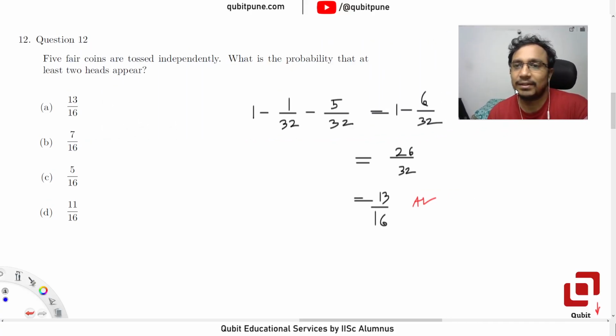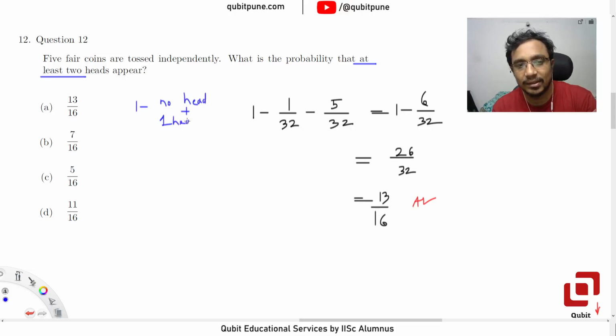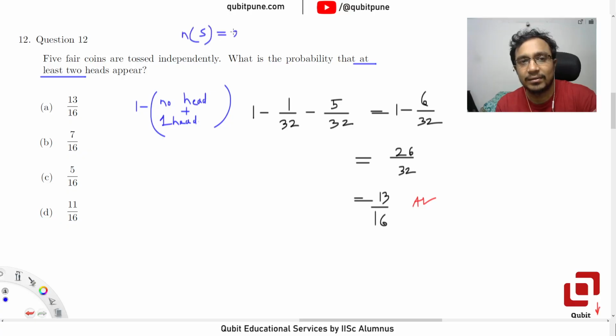Question 12. I think this was very much doable. 5 fair coins are tossed independently. What is the probability that at least 2 heads appear? अभी at least मतलब 1 minus no head appears or 1 head appears. अभी 5 coins toss किए हैं तो sample size हो गया 2⁵, 32.